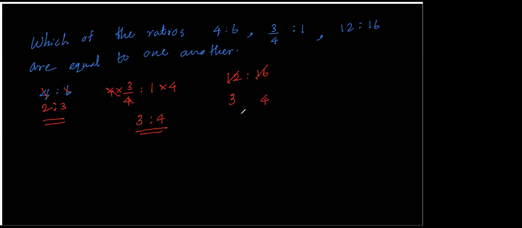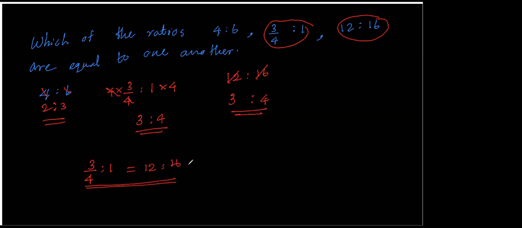Now tell me which ratios are equal to one another. This one, this one and this one. So you can write 3 to 4, 3/4 to 1 and 12 to 16, 3/4 to 1 equals 12 to 16. Okay, write down.